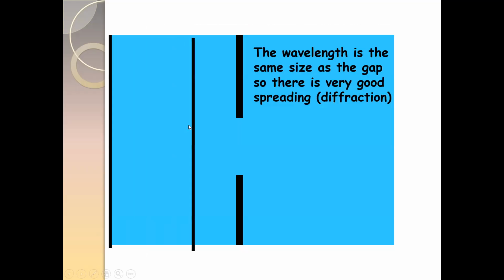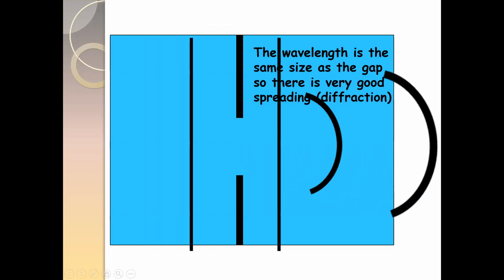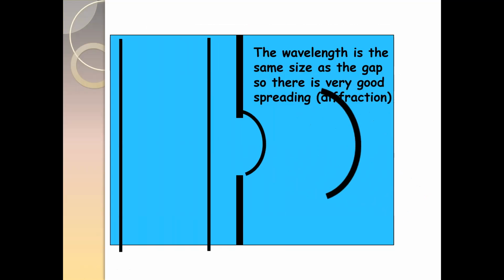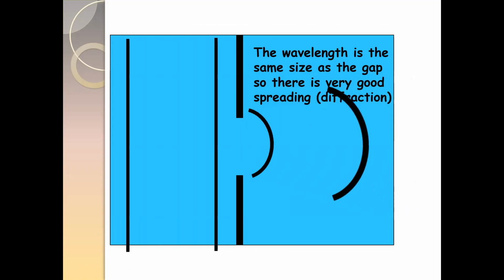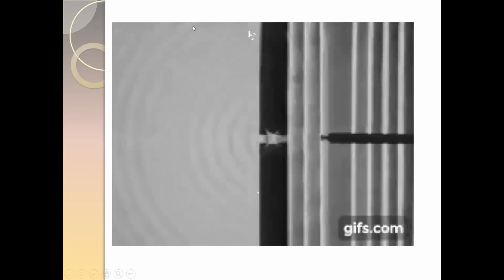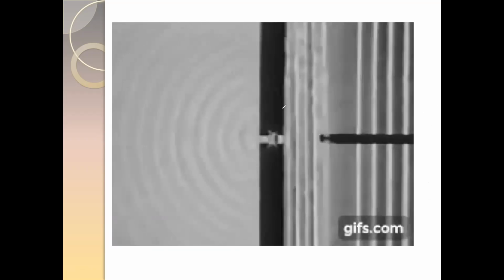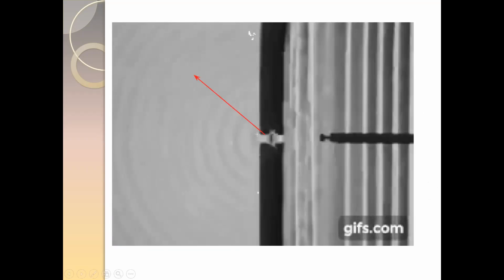But if the gap is smaller, what we'll observe is greater diffraction, or a greater amount of wave spreading out. Here you can see in this image, when we pass the wave through a narrow gap, the greater amount of wave is able to pass through.